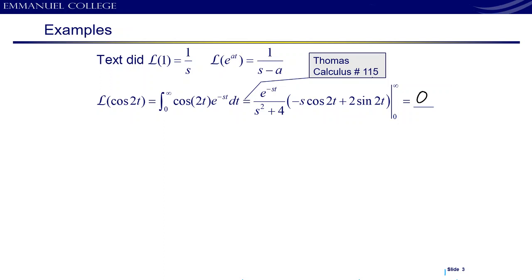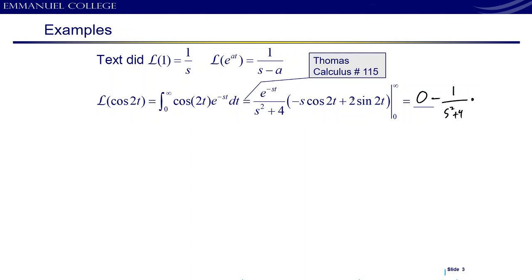So the first part still comes out to 0. But then when you plug in t is 0, you get minus 1, because it's e to the negative s times 0, s squared plus 4 times negative s.